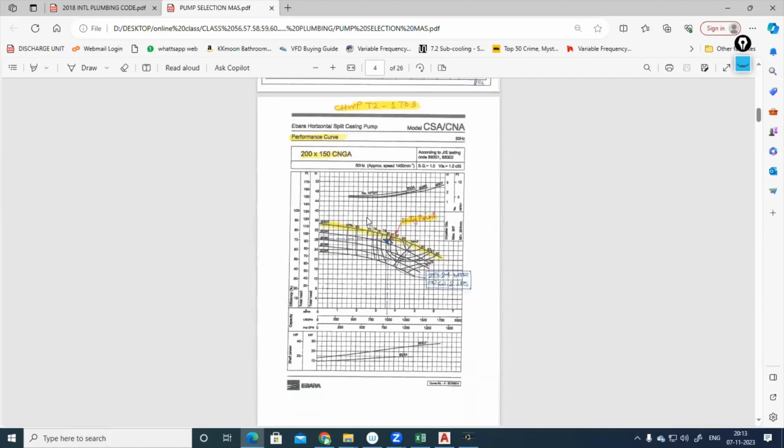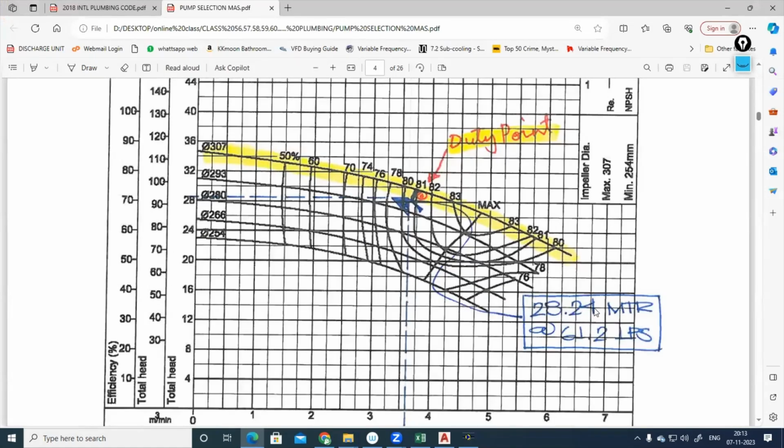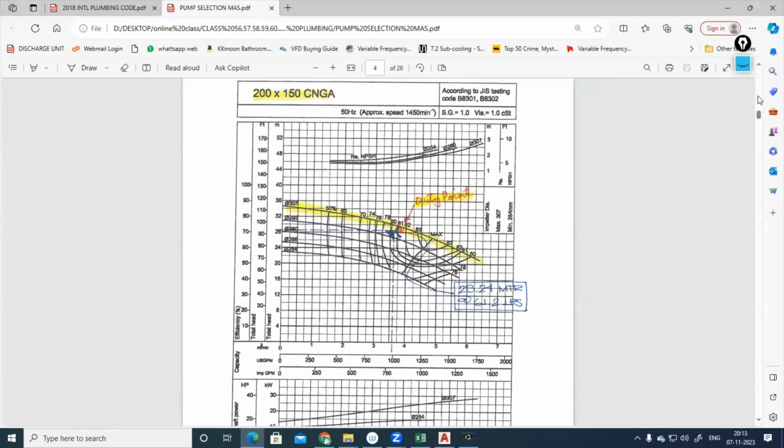Let's say from previous selection, for example, here you can see we have designed a pump with 28.24 meter, which means pump head will be 28.24 meter. The flow rate will be 61.2 liter per second. Pump selection we'll be doing by the help of a curve called pump curve.